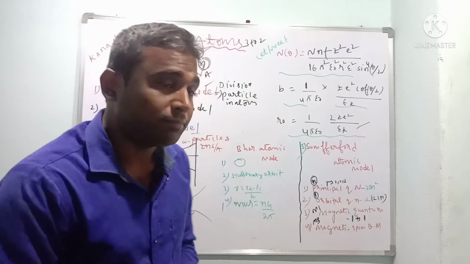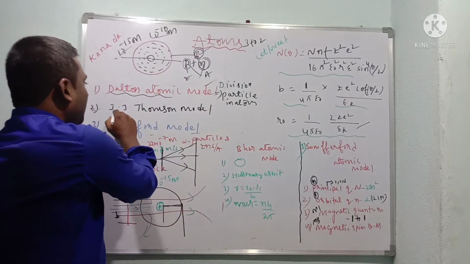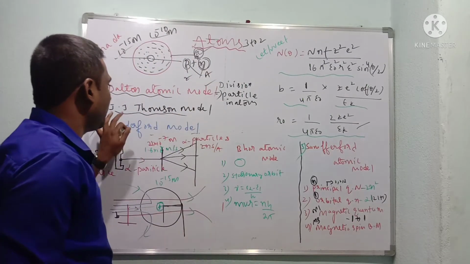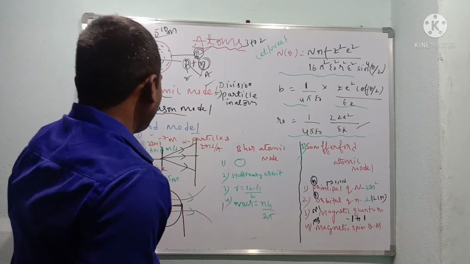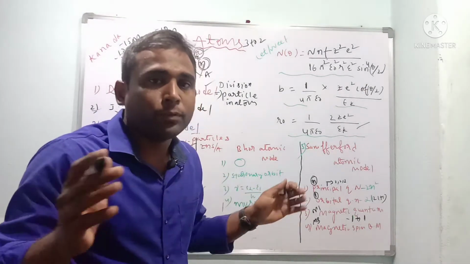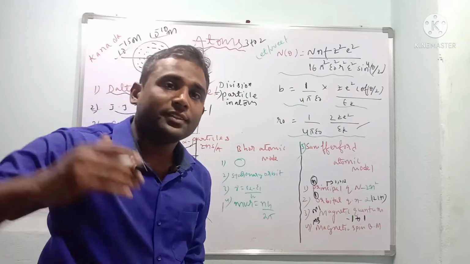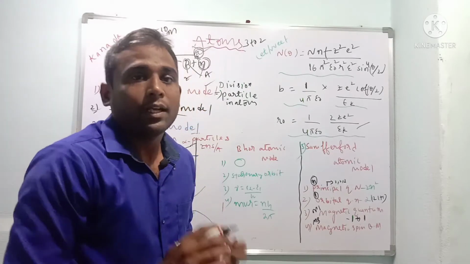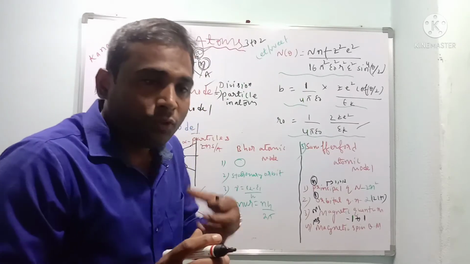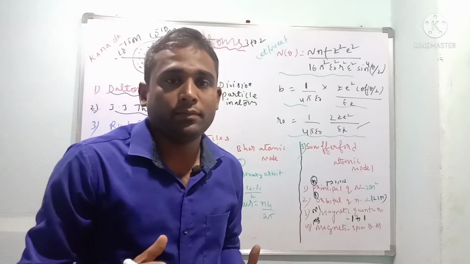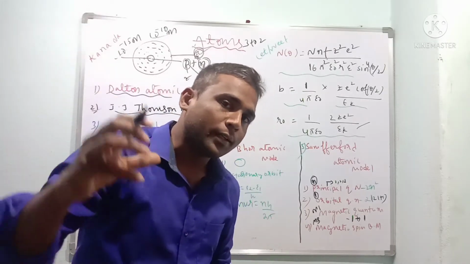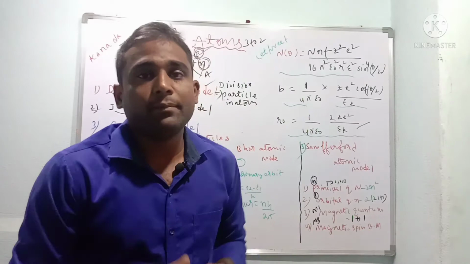The next scientist is J.J. Thomson. Dear students, he said that the atom can be divided into 2 kinds of particles, protons and electrons. He compared it with a plum pudding, so this is also called the plum pudding model.